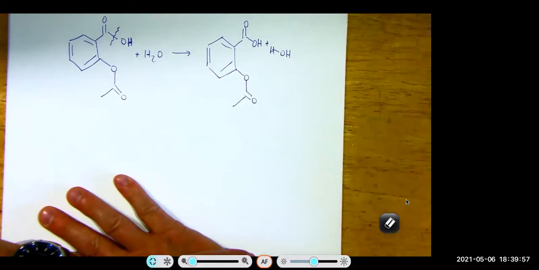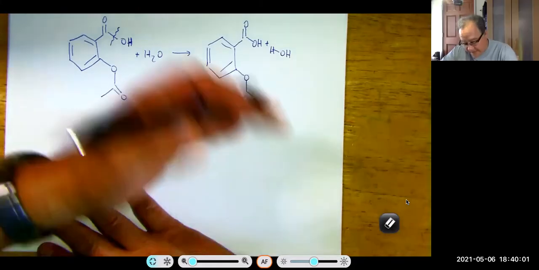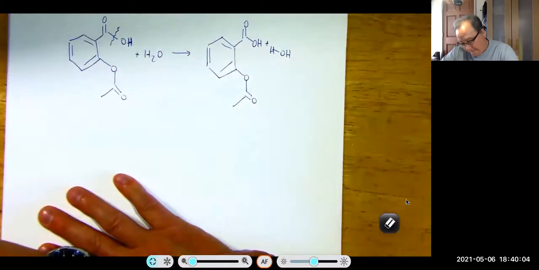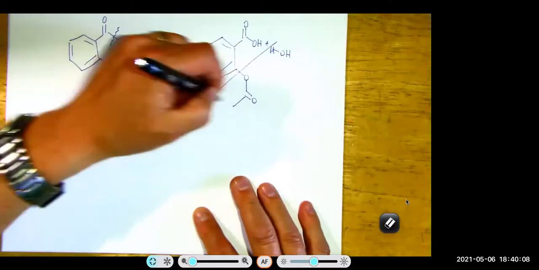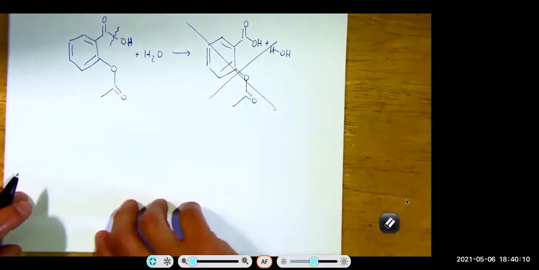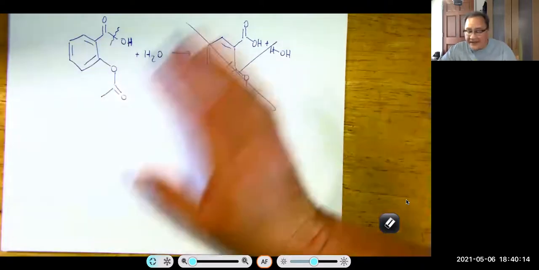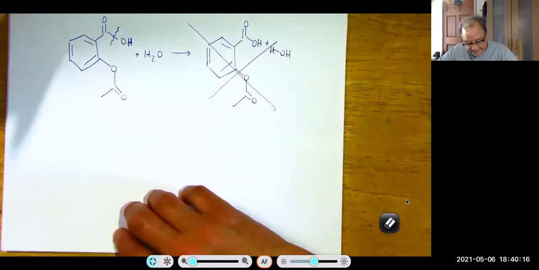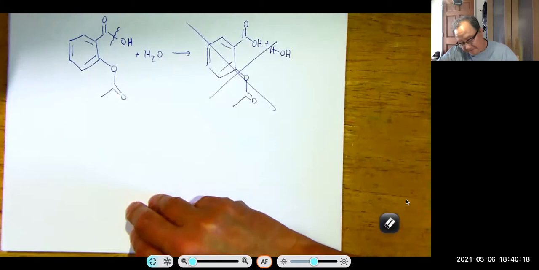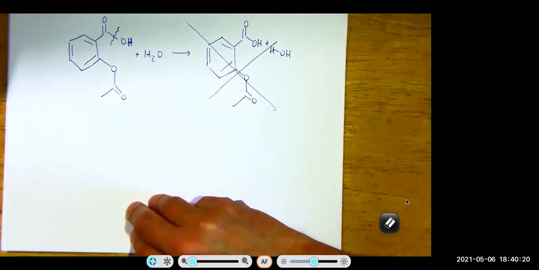Yeah, the carboxylic acid and alcohol. So where is this going to break? The carboxylic acid should. There is no acid. The acid is up here, the ester. We did that one and it didn't do anything. So we should break the ester off in between the oxygen and the carbon, I think.